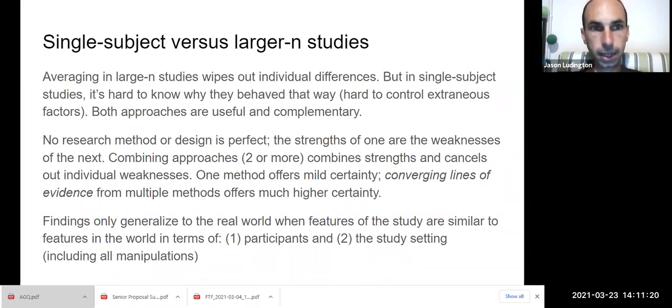And the combining or converging evidence is something that strengthens the internal validity. So if we're looking at this slide as 3 bullet points, 1, 2, 3, the second bullet point is about internal validity and the third one is about external validity.